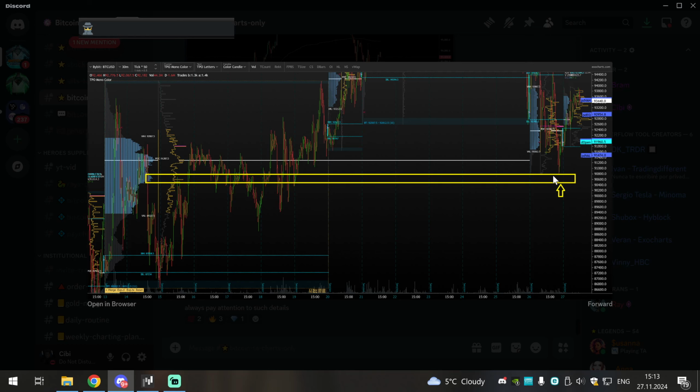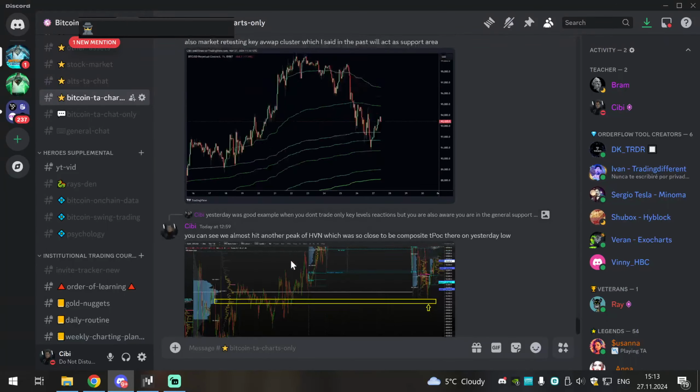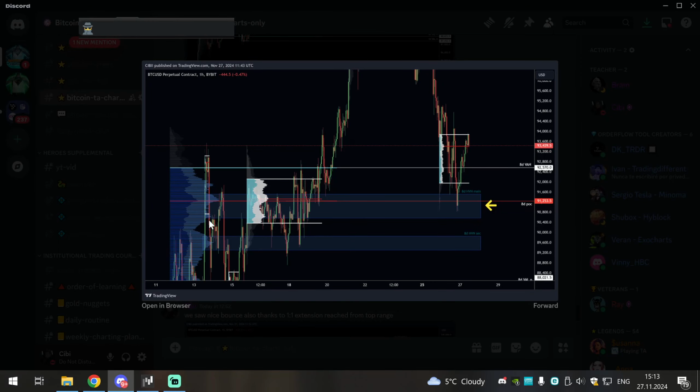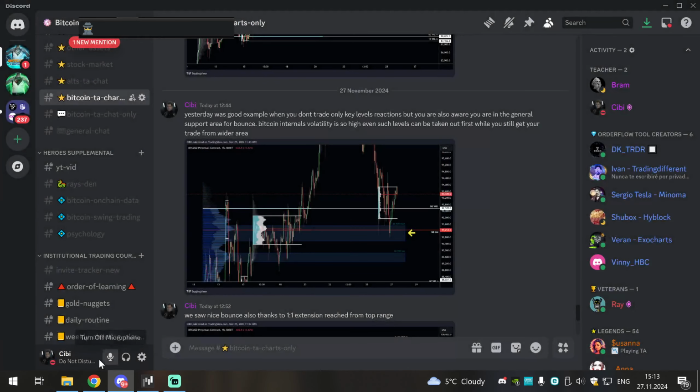So it was another support area Bitcoin held beautifully in the high. So analyze high volume nodes, what is happening inside them, not just because you can see that peak here. I mean, you can see it here, but it was more prominent in TPO. The market spent some nice time there.